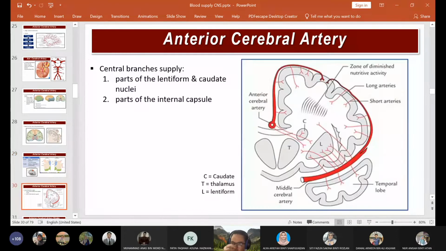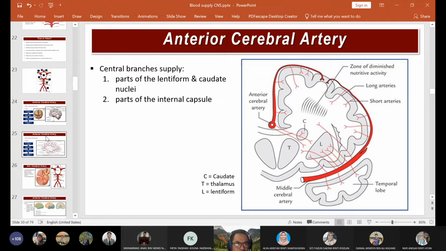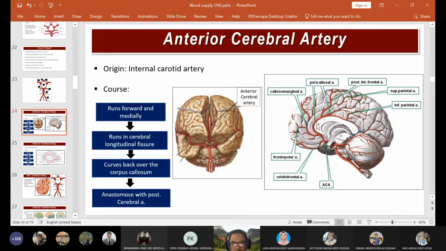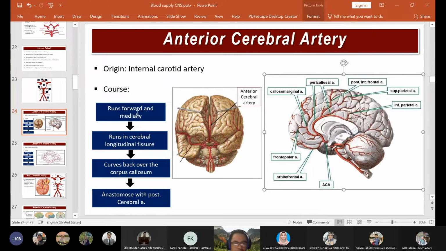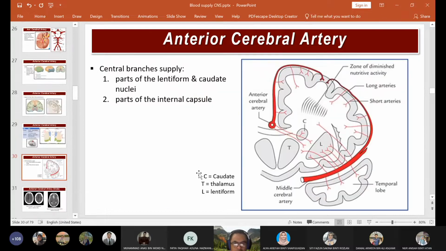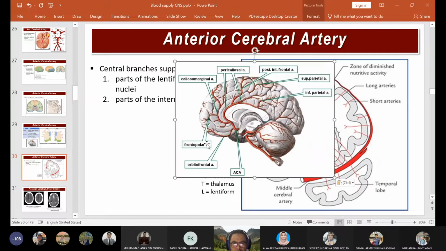And look at, also, this is your corpus callosum, right? This is your corpus callosum. I'm going to paste a picture so that you can understand what I'm talking about. This is easier. Okay, just put it here so that you guys can follow.